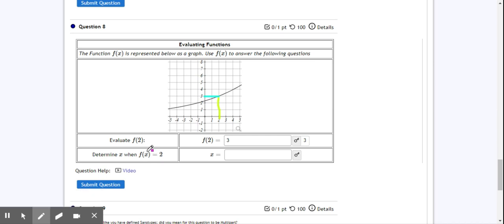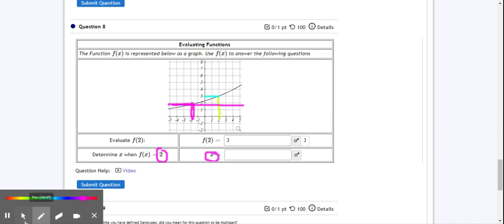This one says, when your function is at 2, what is your x? What does x have to be to make your function equal to 2? Well, your function is equal to 2 right here. That's where it's equal to 2. Here, let's make that a little nicer. That's hard to see. Let's erase some of this and draw that again.